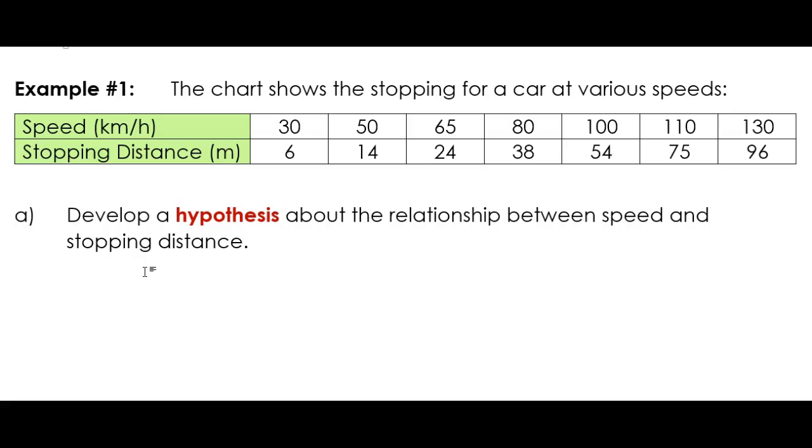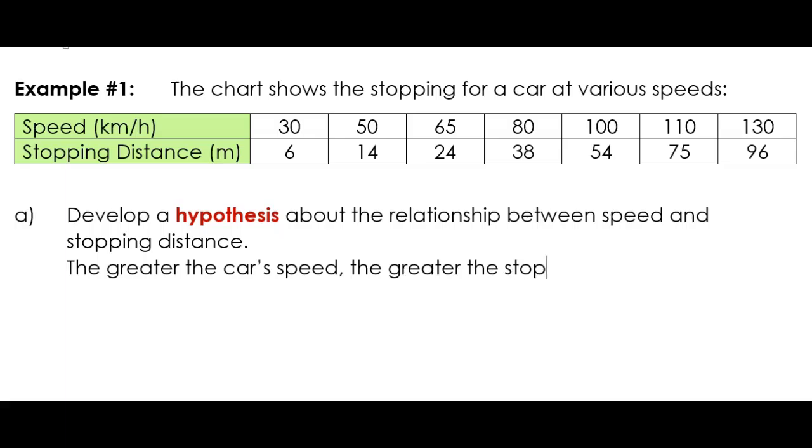So my hypothesis is going to be that the greater the car's speed, the longer or greater the stopping distance. Okay, that's going to be my hypothesis. Let's see if I'm right.